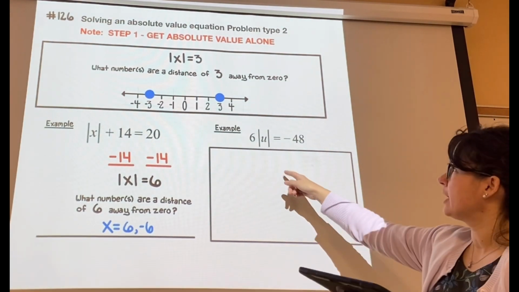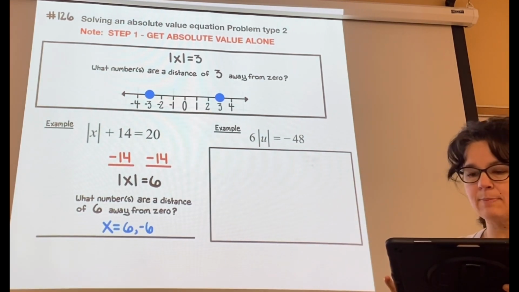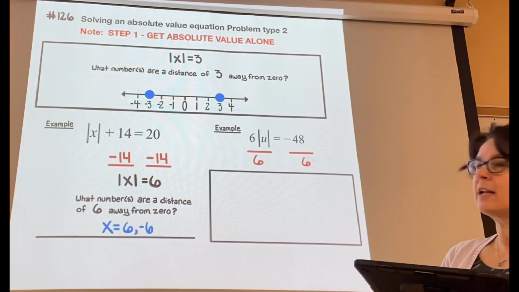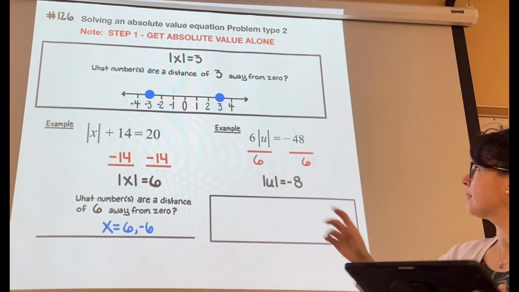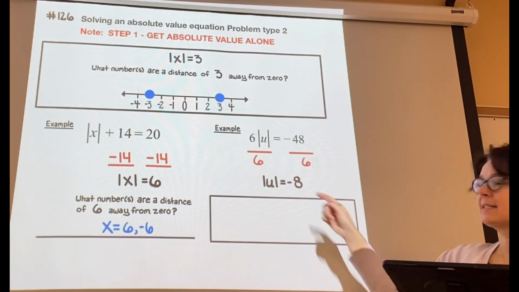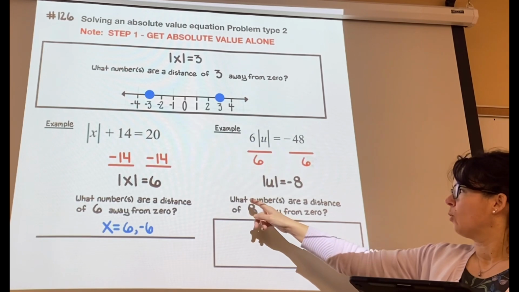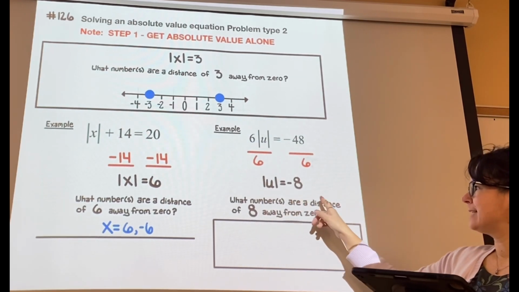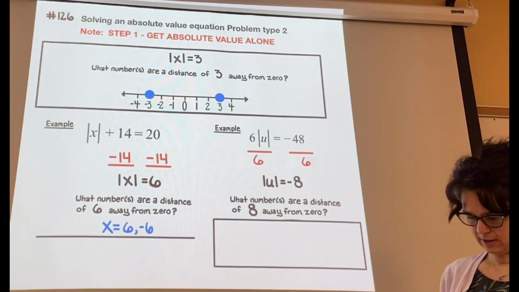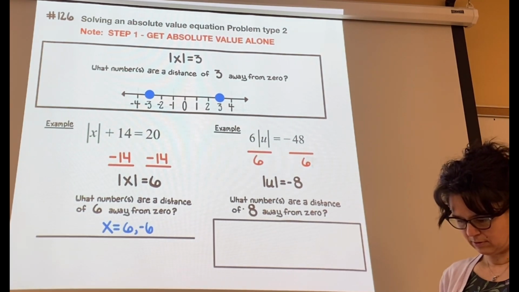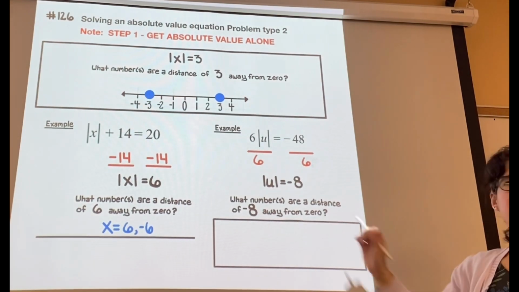Okay, then this one here, if I get the absolute value by itself, I'm going to get rid of times 6 by dividing by 6. Now my absolute value is by itself, but -48 divided by 6 is -8. So if you think about the meaning of that, what number or numbers are a distance of -8 away from 0?